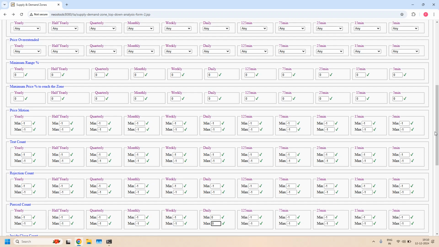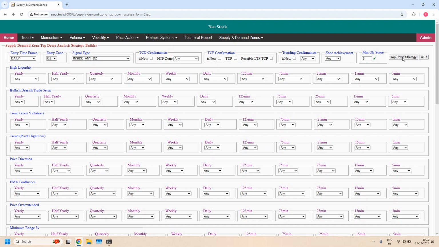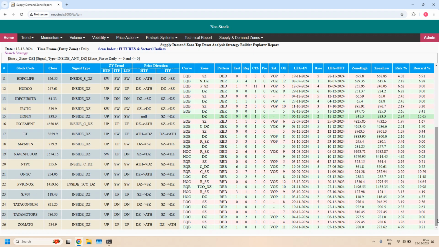That means pierced count should be 0. That means daily demand zone is not pierced. Let's filter. We got a big list. First 16 stocks in the list. I'm scrolling the list down, further down. So total 26 stocks are filtered where price closed inside daily demand zone.